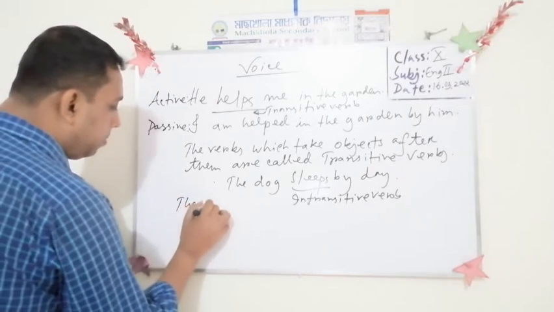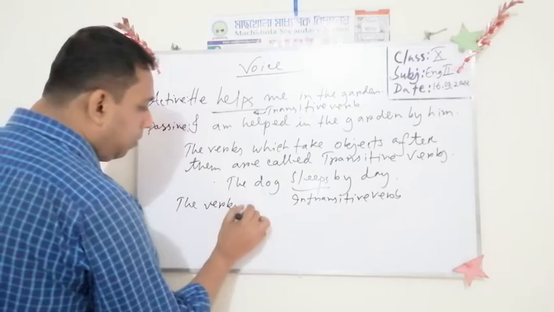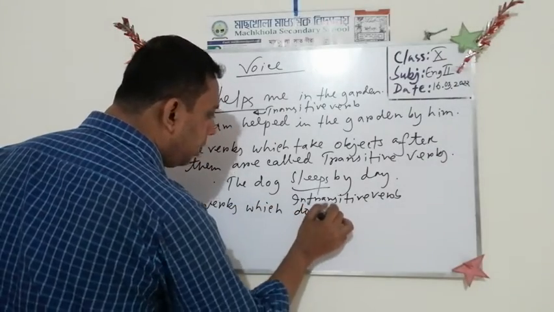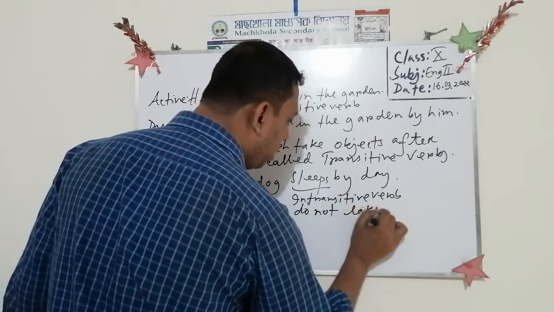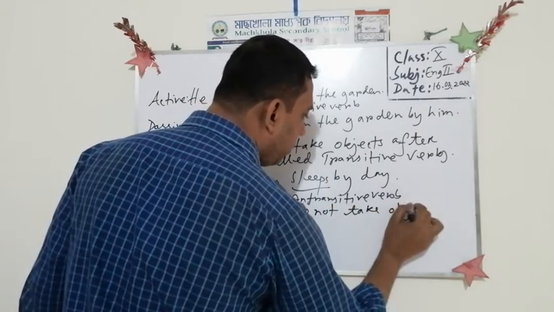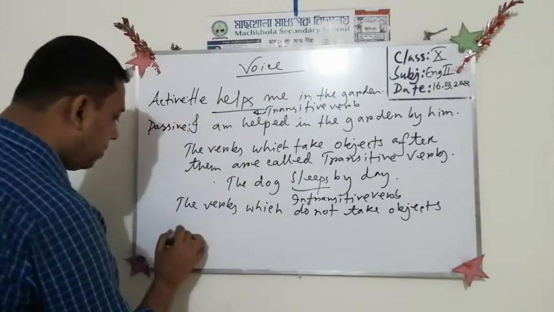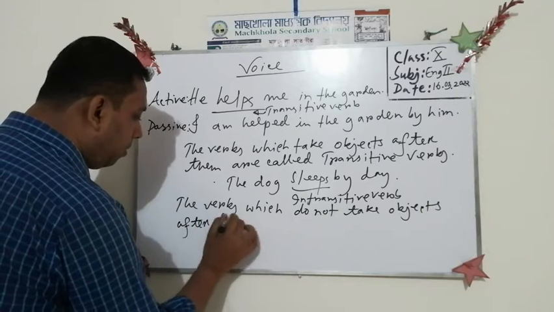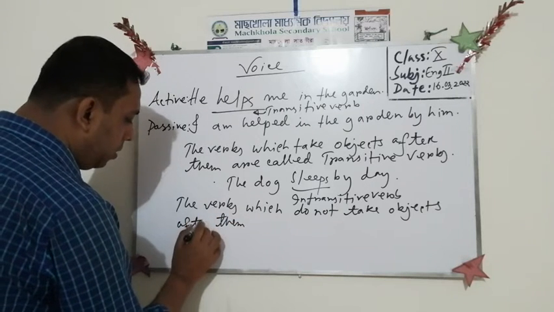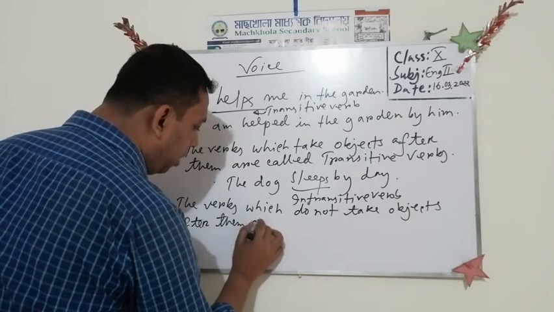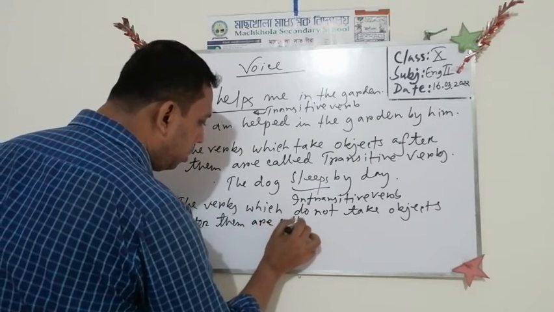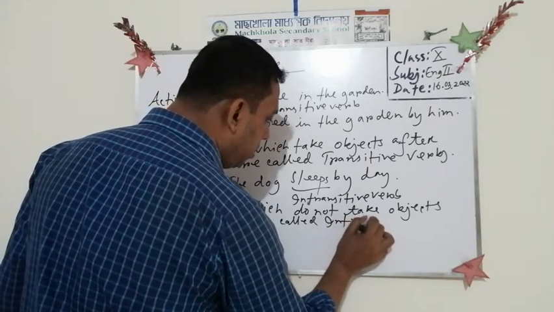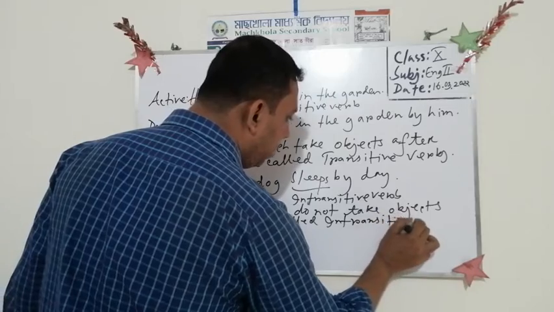The verbs which do not take objects after them are called intransitive verbs.